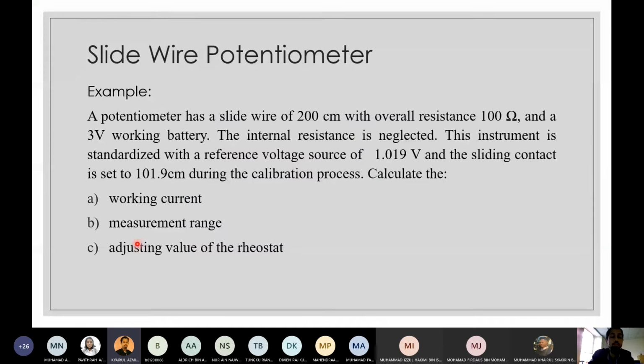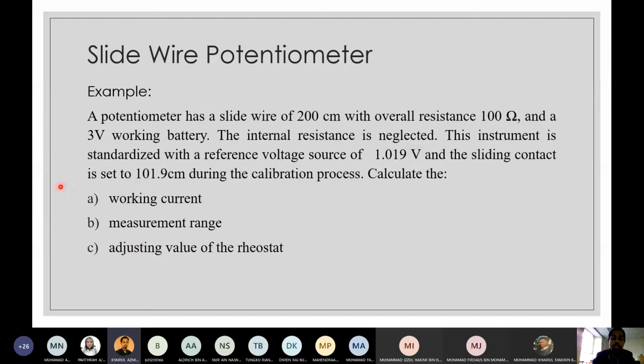So let's look at an example of how to calibrate a slide wire potentiometer. The length of the slide wire in this example is given as 200 centimeters. The overall resistance is 100 ohms and there is a 3 volt working battery. The internal resistance is neglected.